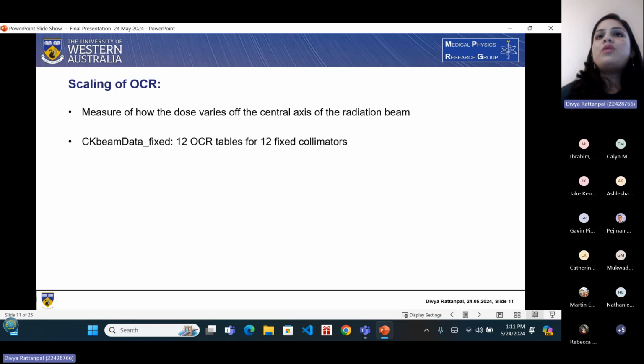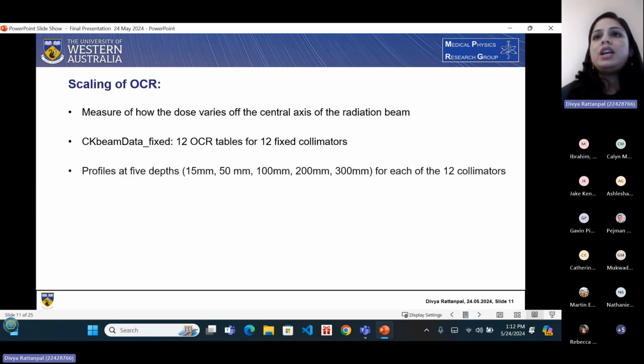We have 12 off-center ratio profiles for the 12 fixed collimators, and for each of the 12 collimators, these profiles are obtained at 5 depths: 15 mm, 50, 100, 200, and 300 mm.